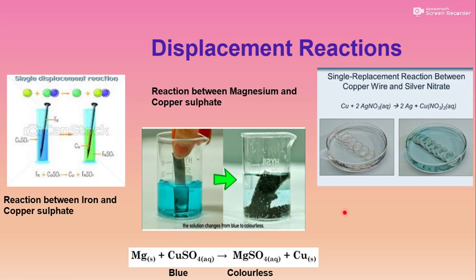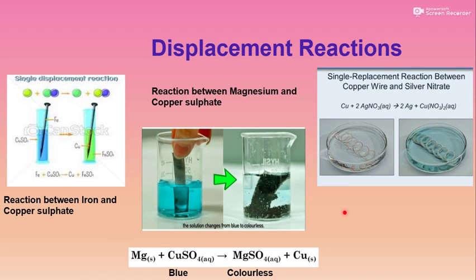There is a copper sulfate solution, which is of blue color as you can see in the picture, and we dipped a magnesium ribbon into it. After some time, what we observe is that the color of the solution changes. It becomes almost colorless like water, and some different kind of substance is deposited on the magnesium ribbon. कुछ deposit हो जाता है ribbon के ऊपर.